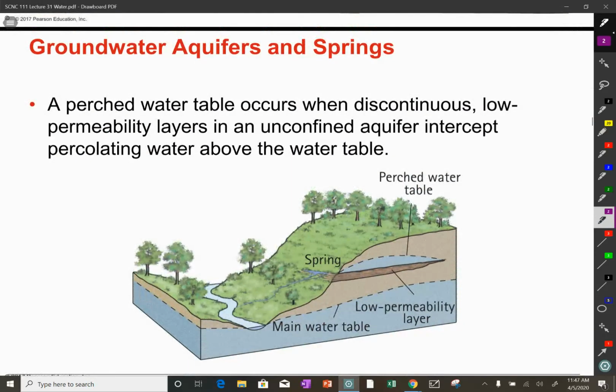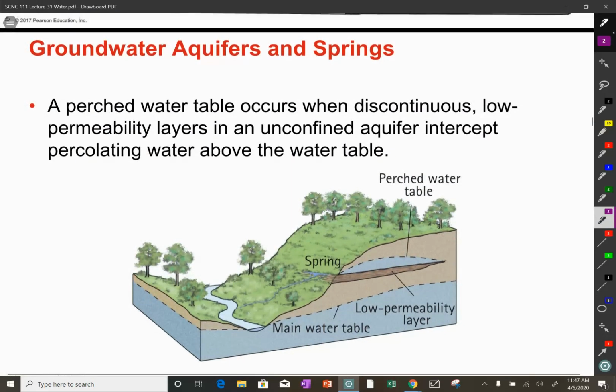Now, a perched water table is an interesting thing. Let's suppose you put your house here and you have a well. And you go down and, hey, you hit water. That's great, right? But this is a perched water table. You have a low permeability layer, and then you have water sitting on top. That's why they call it perched.